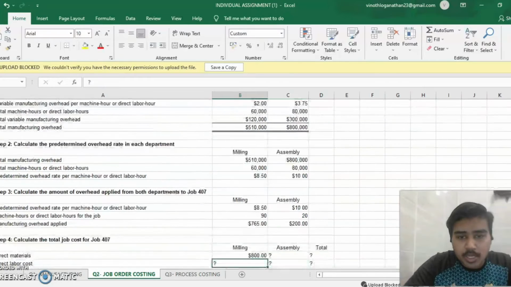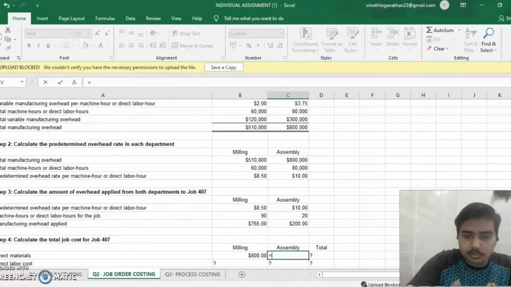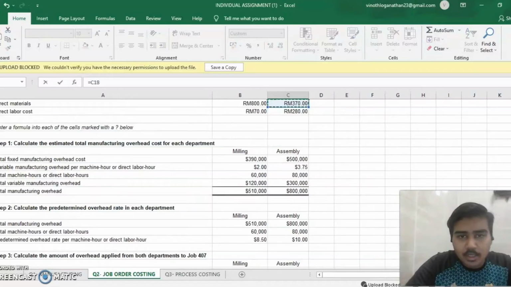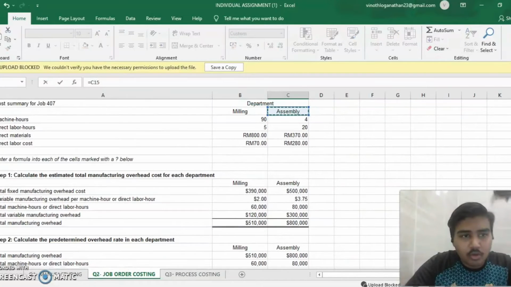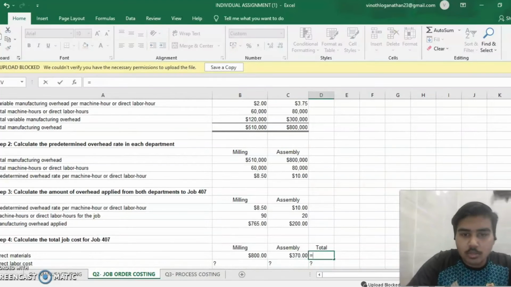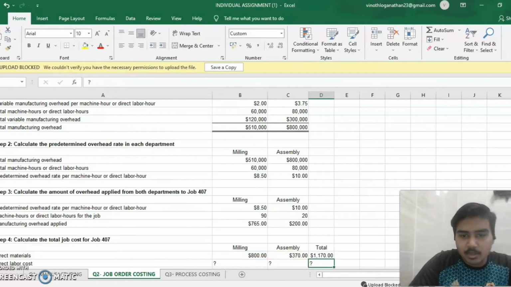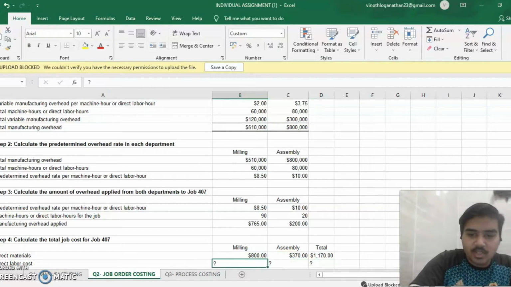So direct materials is 800 for milling, and for assembly direct materials is 370. So this should be the milling direct material plus the assembly direct material, which is 1170.